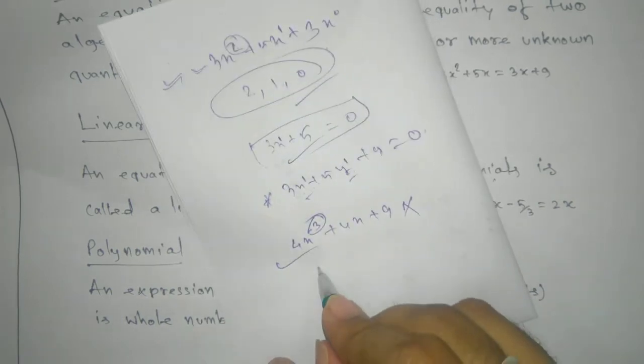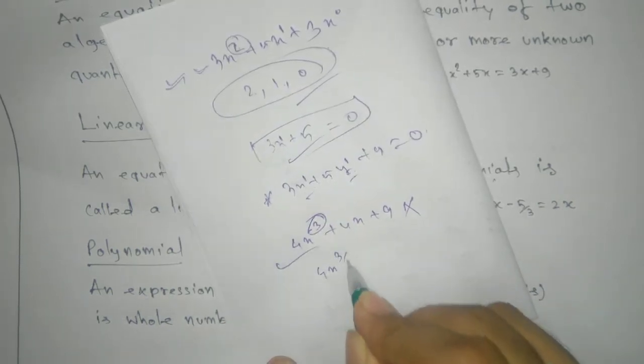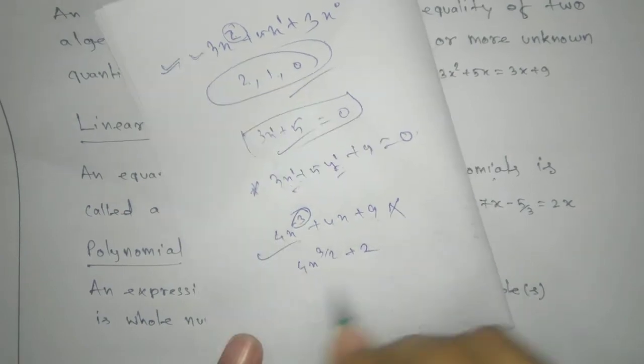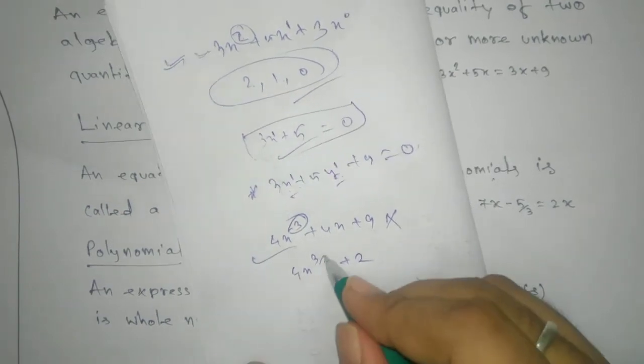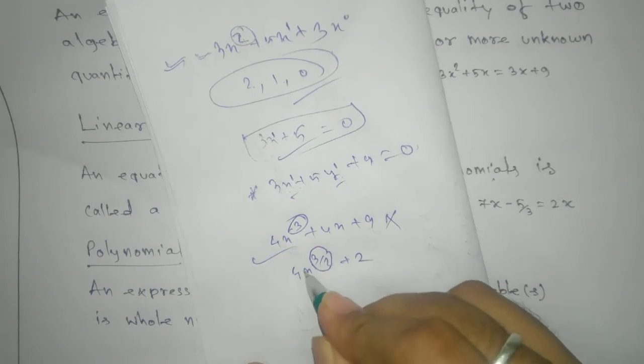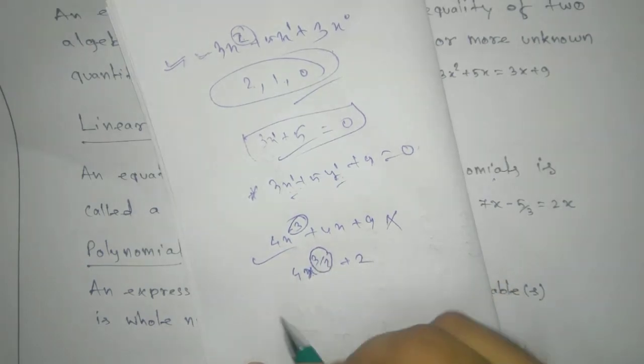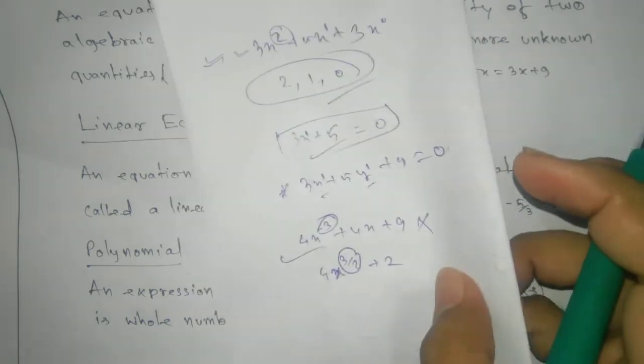If I write 4x to the power 3 by 2 plus 2, is it a polynomial? No, the exponent of that variable is not a whole number. It's just an expression, not a polynomial.